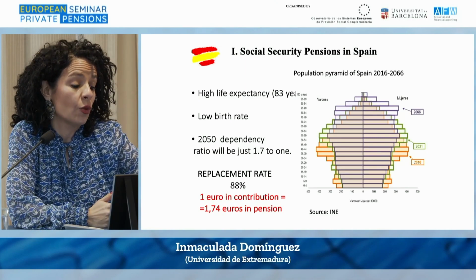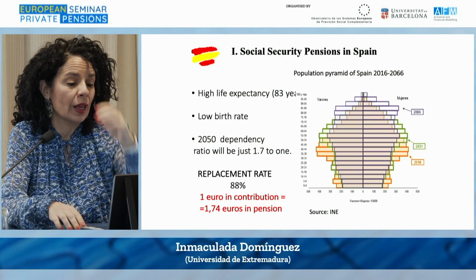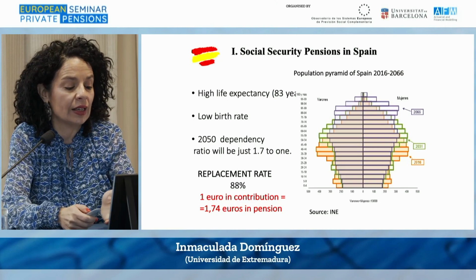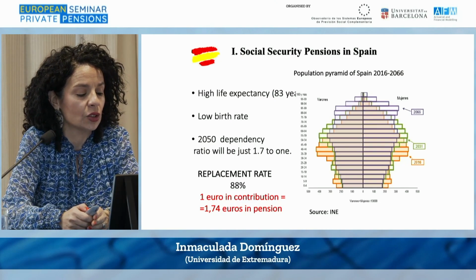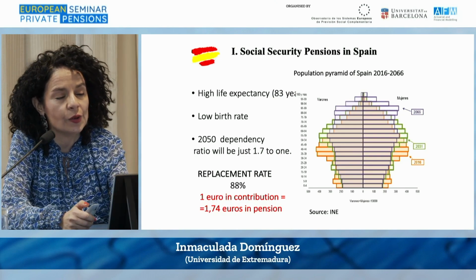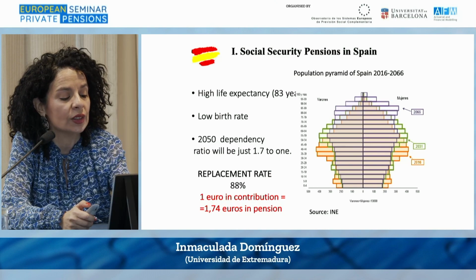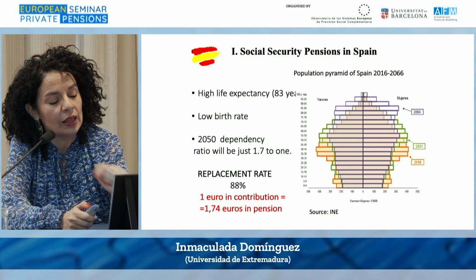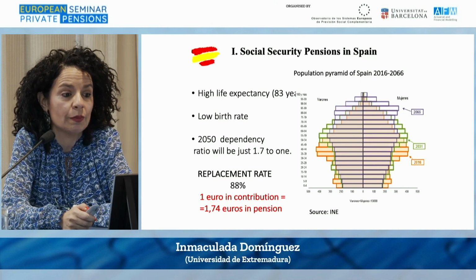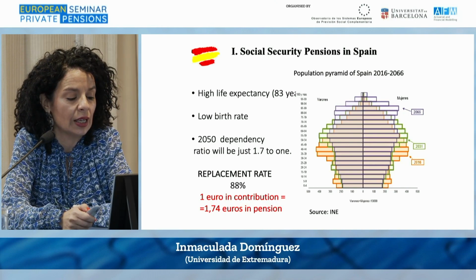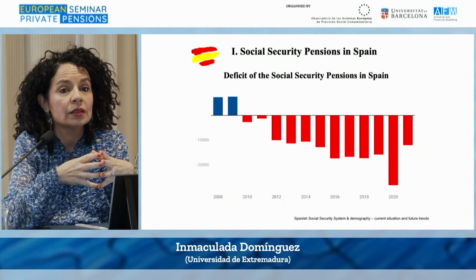And after, we have another problem in relation with the population pyramid, and at the end, we have a bad situation. And it's important, I repeat, the replacement rate and that for €1 in contribution, you receive €1.74 in pension. It's a big problem.